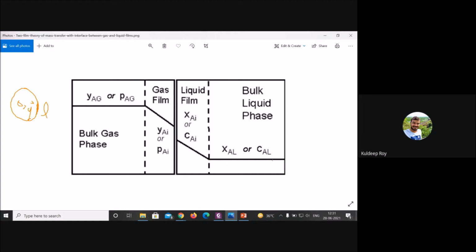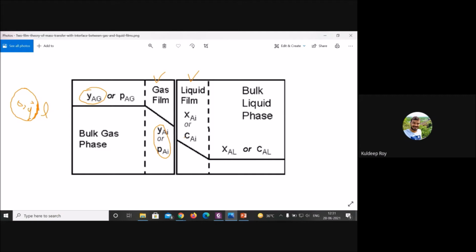At this particular bulk position the concentration will be uniform, but around this bubble, around the interface, there will be one gas film and another liquid film. Two films will be there. Here in the gas, the concentration you are assuming is YAG, or in terms of pressure PAG. At the interface, I'm talking about YAI and PAI.